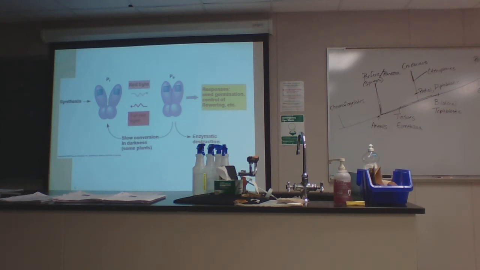Red hits them and they change to one form. Far red hits them, they change to a different form. When we get to how the things in our eyes work, it's kind of similar. We have rods and cones. When they absorb light, they change shape too. And when that happens in our eyes, that sends a signal to our brain. Well, when it happens in a plant, I don't know, plants don't have brains, but somehow it lets the plant know that they're supposed to grow towards the light or flower at a certain time or whatever.